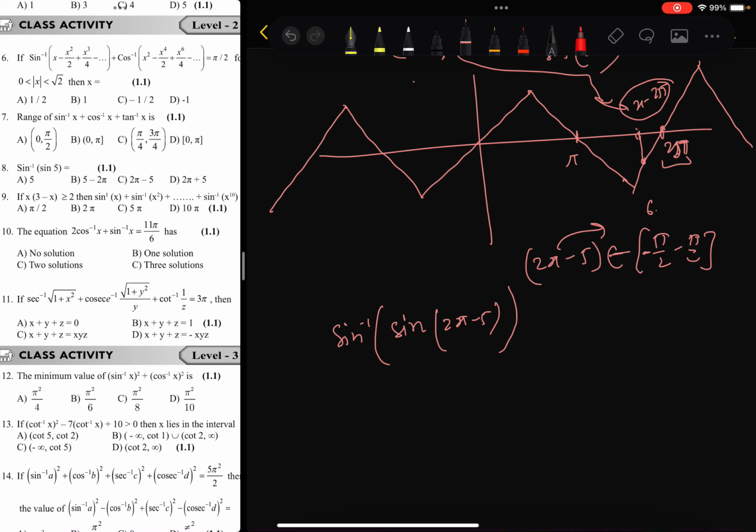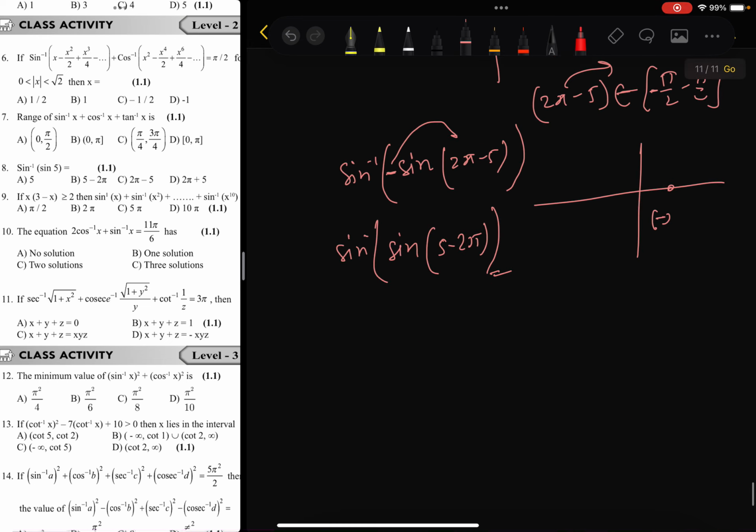What is 2 pi minus 5? It is 2 pi minus something, lying in this interval. But in this interval, sine is negative. That's why we have to put a negative sign here. That negative sign you can set inside this number. So this will become sine of 5 minus 2 pi. This is the answer. So directly you can write 5 minus 2 pi.